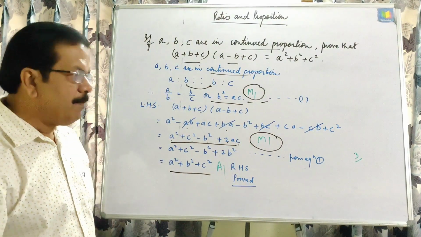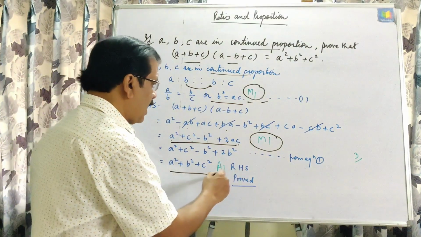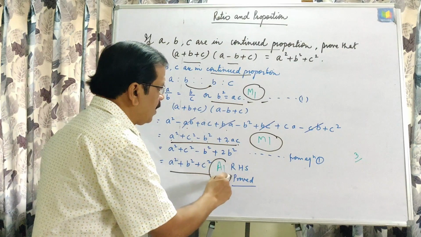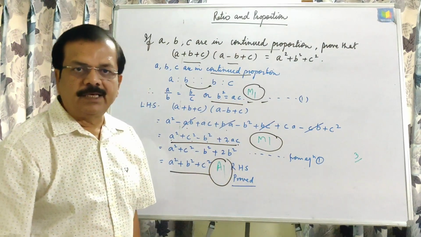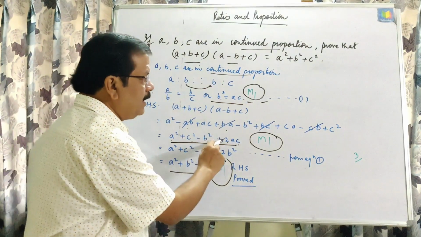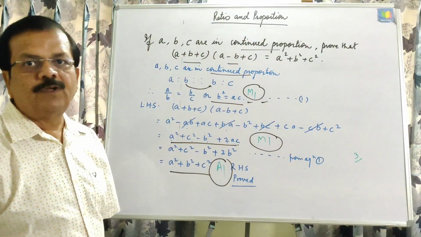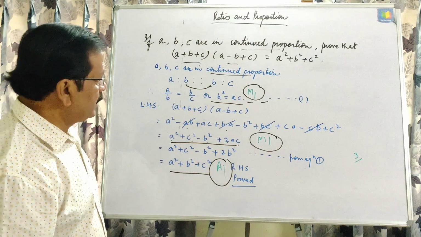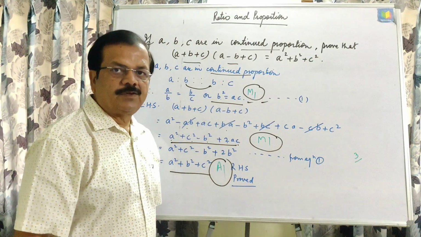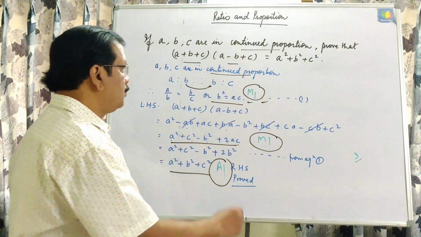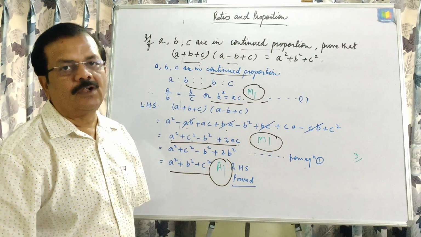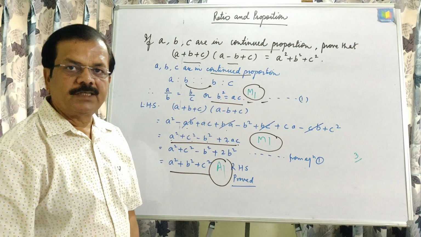Then the last line is the answer mark. Again I am telling you, don't skip any important line, or you will lose 1 mark, that is OW minus 1. That is why, even if the question is easy, you should write all the steps correctly, because marks are allotted on all the steps. Now the next question.